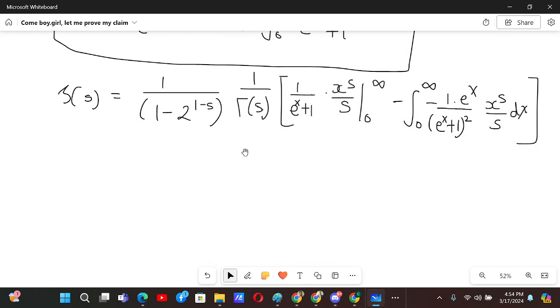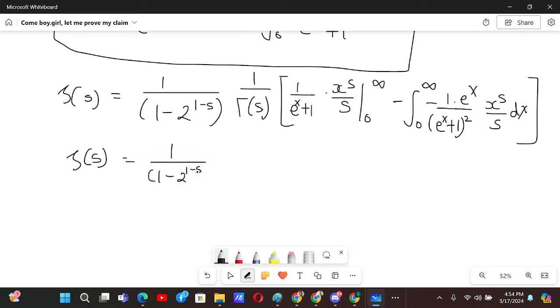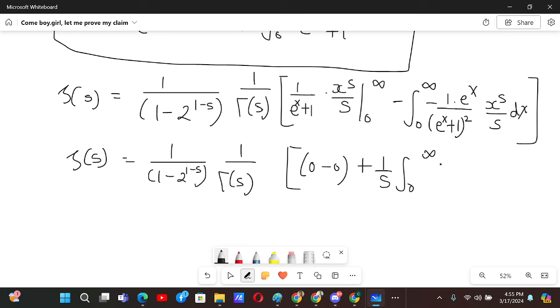Now zeta of s will be 1 by 1 minus 2 to the power 1 minus s, times 1 by gamma of s. Over here at infinity, the e to the power x in the denominator will dominate, so this will be 0, and at 0 it's also 0. And this is minus minus plus, and 1 by s comes out, and integral from 0 to infinity of x to the power s e to the power x by e to the power x plus 1 whole square dx.